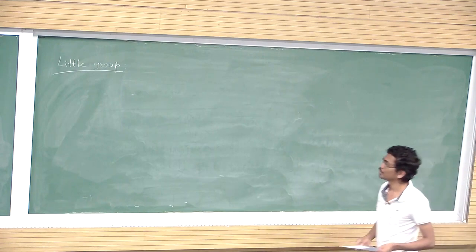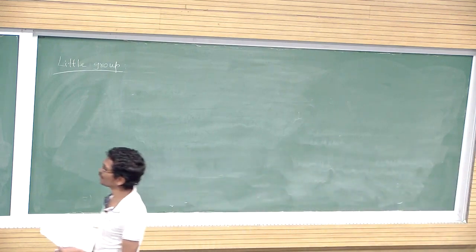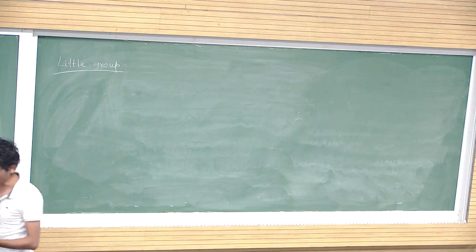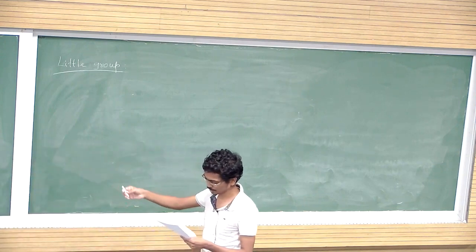Here I have chosen an eigenstate which simultaneously diagonalizes A and B, but now I will tell you there will be a problem if you do this kind of thing.